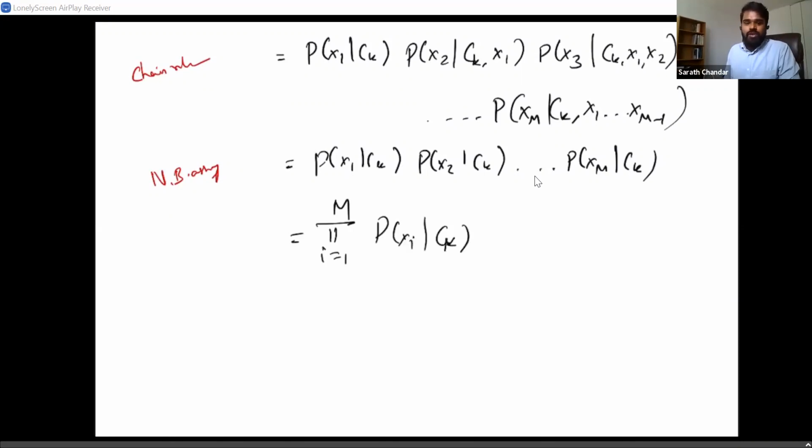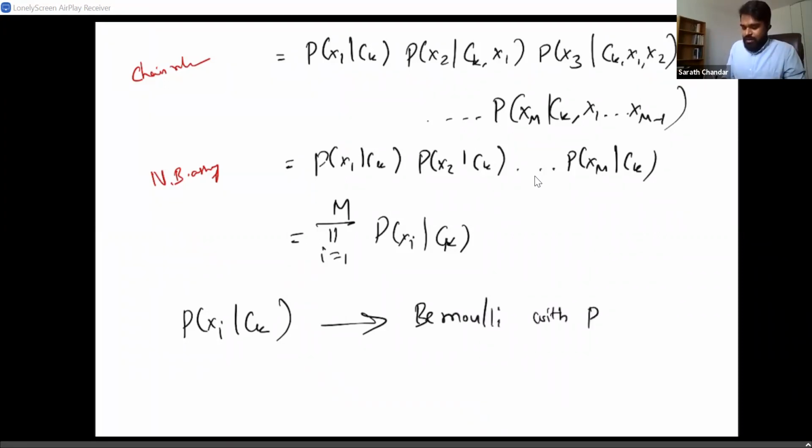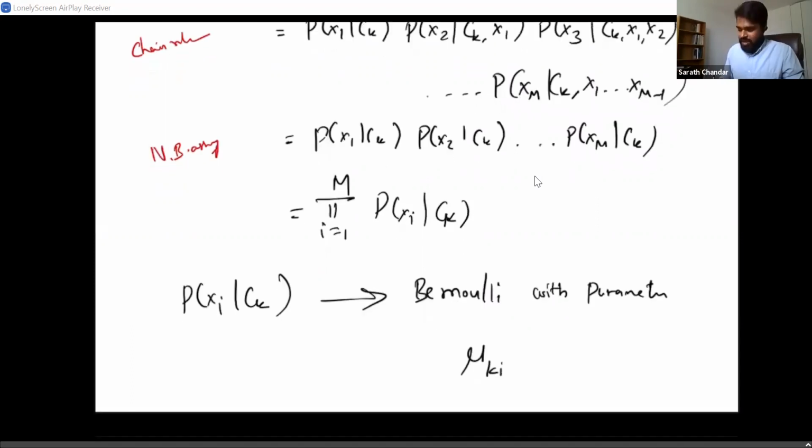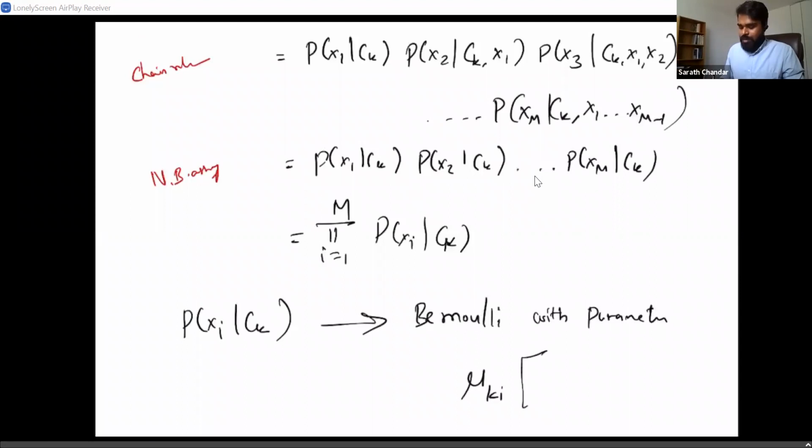Now each P of xi given ck can be modeled by using a Bernoulli distribution with a single parameter mu ki. So what is mu ki? This is basically the probability that xi is equal to 1 given ck.